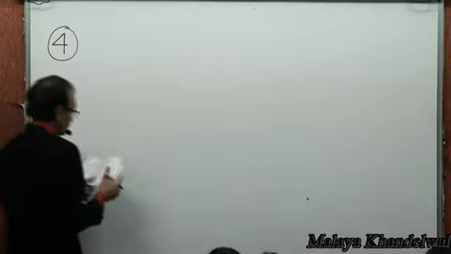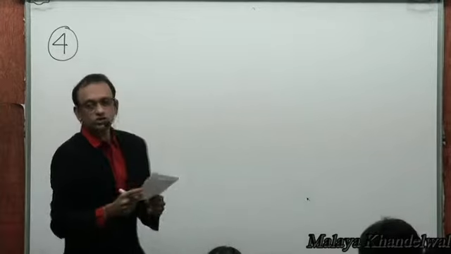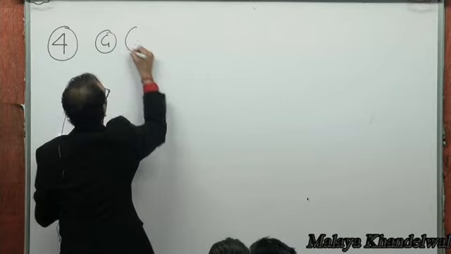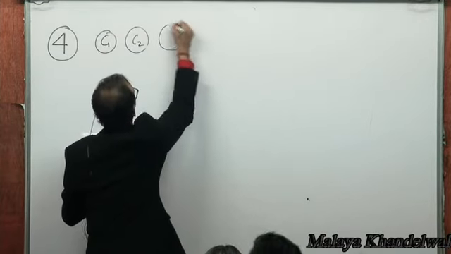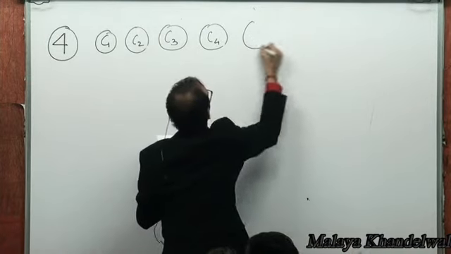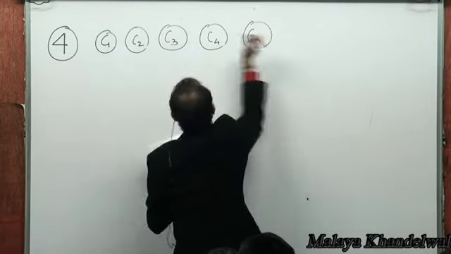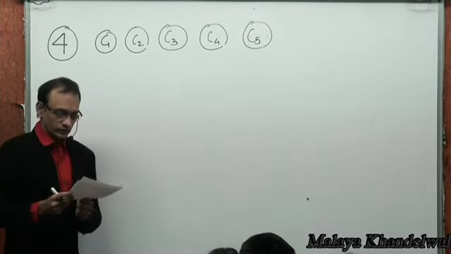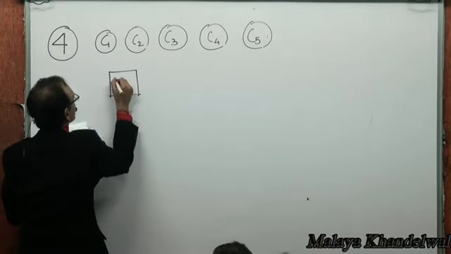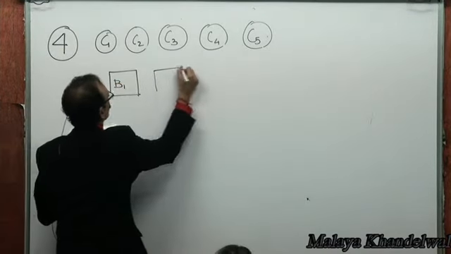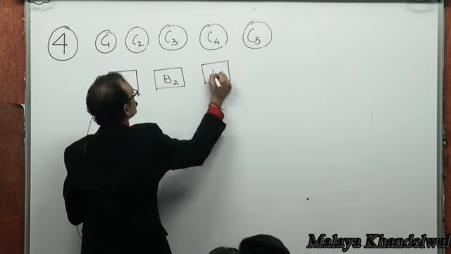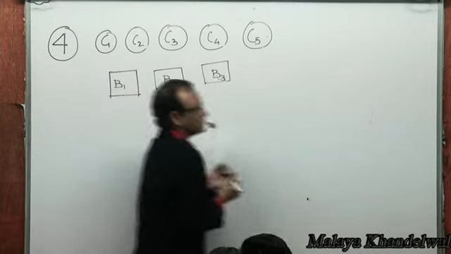4. 5 balls of different colors. These are 5 balls of different colors, and there are 3 different boxes, B1, B2 and B3.